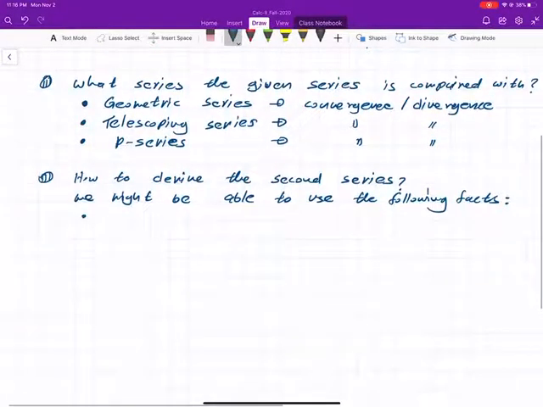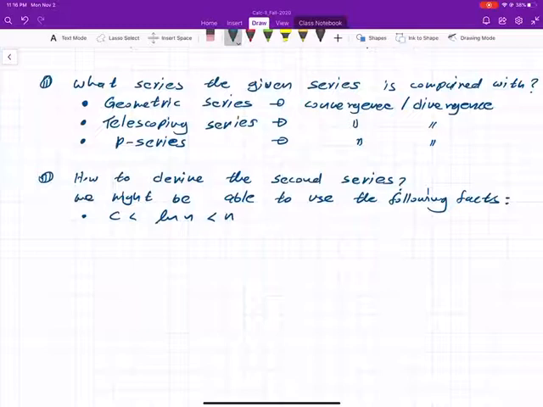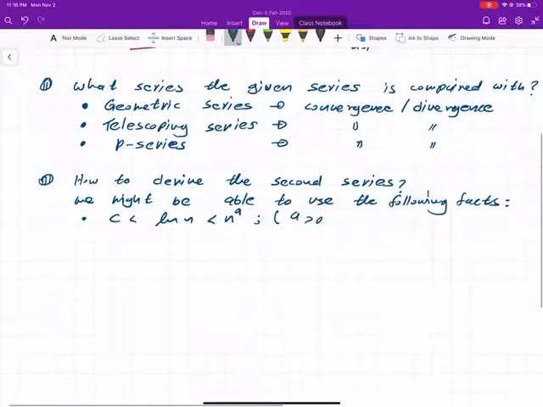The first fact is, ln n is always greater than a constant c, and then ln n is always smaller than some n to the power a. Keep that in mind. This a is positive and c is a constant.